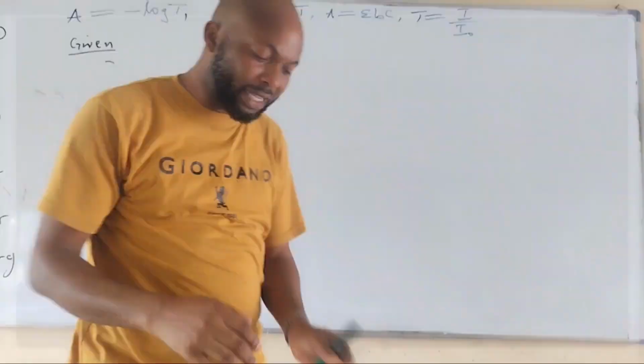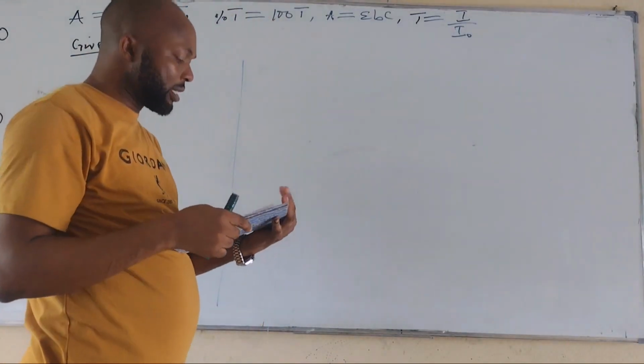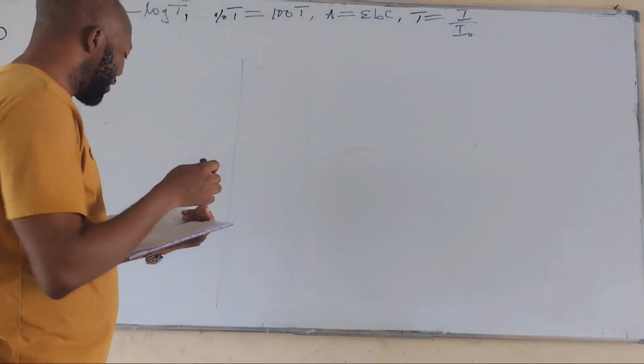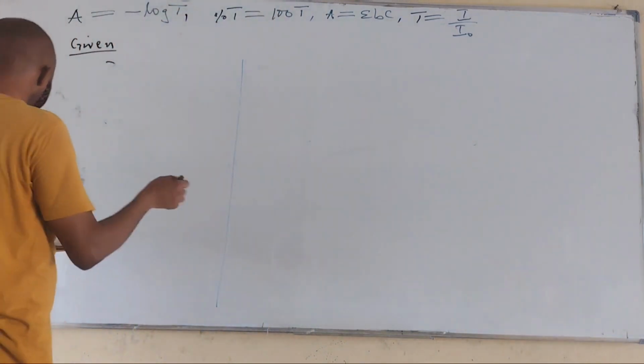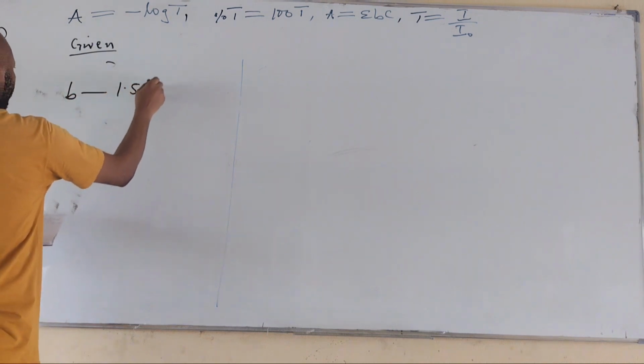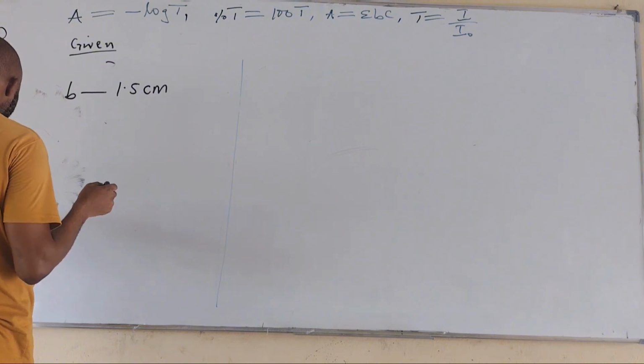The transmittance of a solution measured at 590 nanometer, that is the wavelength, in a 1.5 cm cuvette, that's the path length, B is 1.5 cm, was 76.2%.